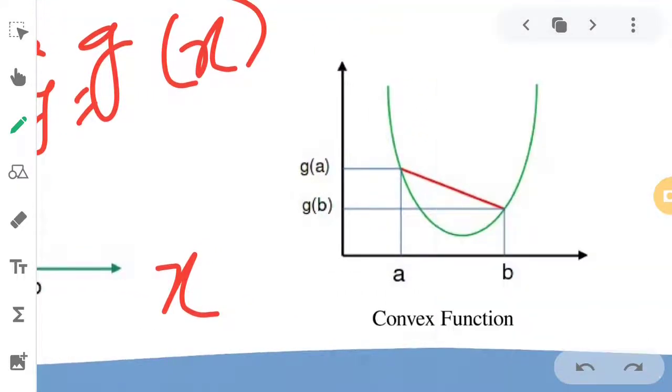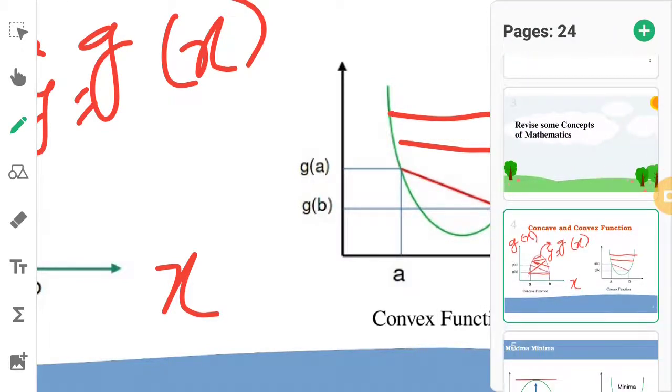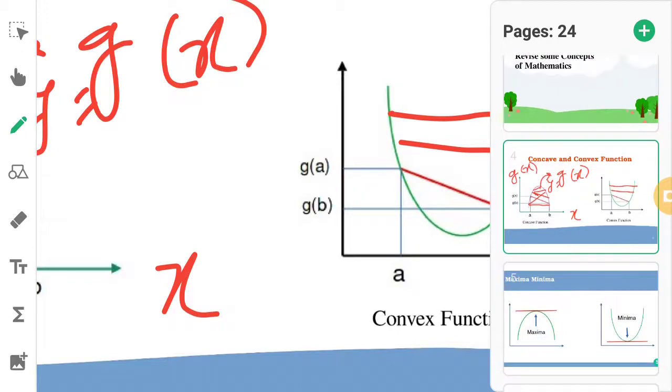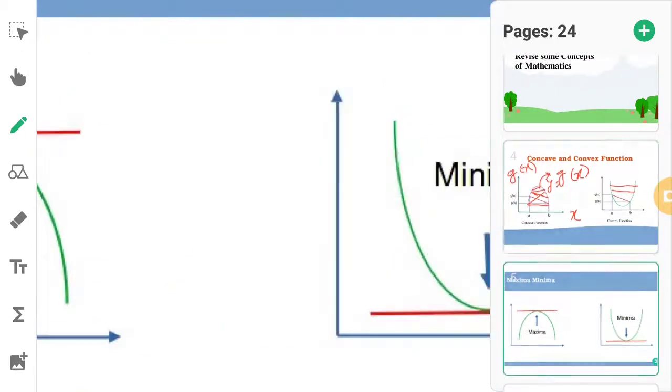In converse, for this case, if we take 2 points A and B, the line joining the 2 points g(A) and g(B) always lies above the curve. This is a convex function. Now maxima and minima.